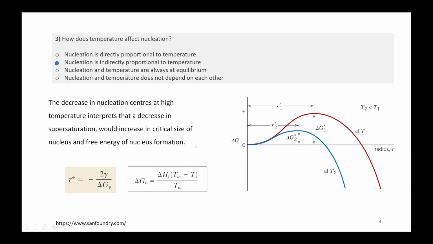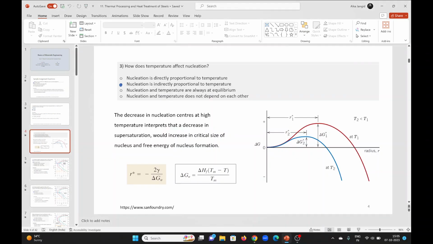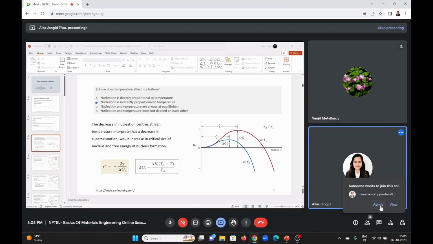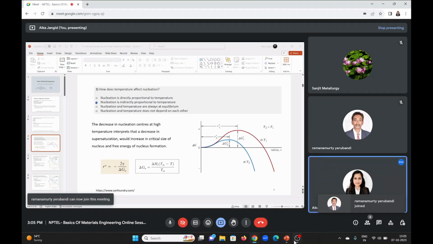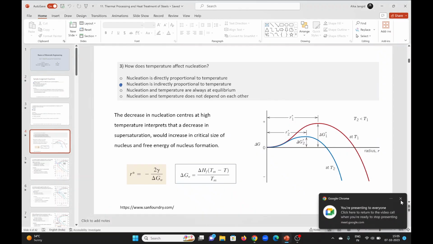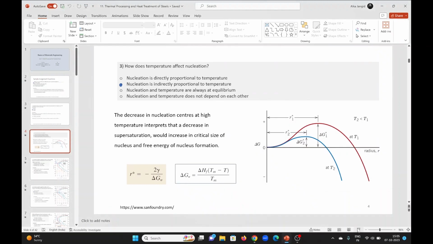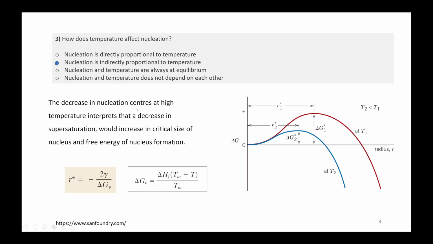In this case, for nucleation you always require some supercooling. So for supercooling it will be your delta T. So delta T, in the case of delta Gv, is your driving force for nucleation. So it is proportional to delta T. Your driving energy is proportional to supercooling.